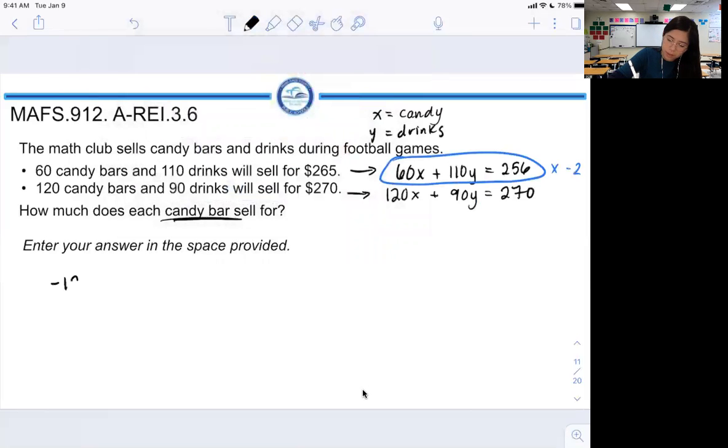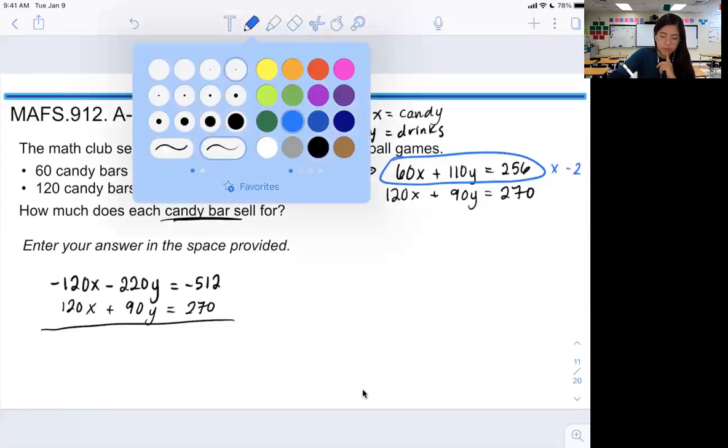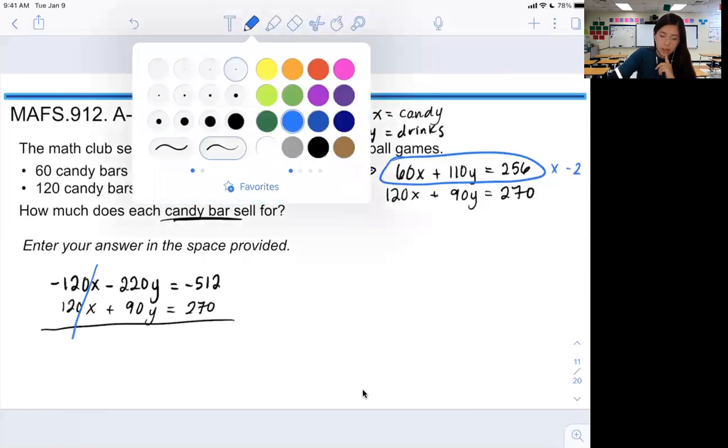That's going to be -120x minus 220y equals 256 times 2. Ms. Lopez can't do math in her head, so let's use a calculator. -512. And then I'm just going to pop the second equation underneath. And now my x's cancel out. And I'm going to add.